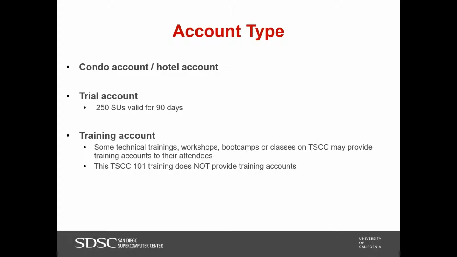So we have accounts created for condo, and we also have accounts created for hotel. Besides condo and hotel accounts, we also provide trial accounts that have 250 SUs valid for 90 days. And we will learn what SUs are when we learn about allocations.